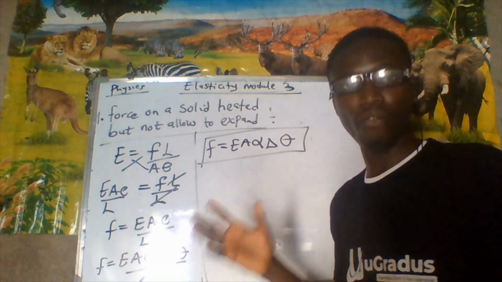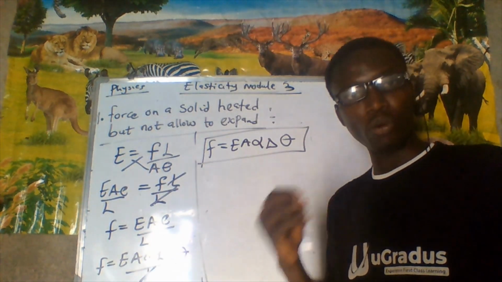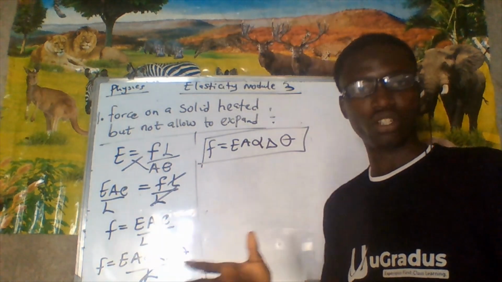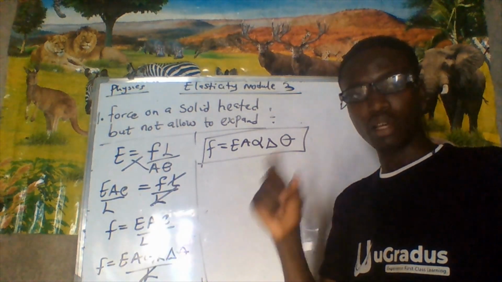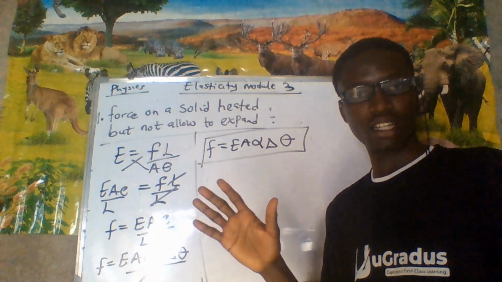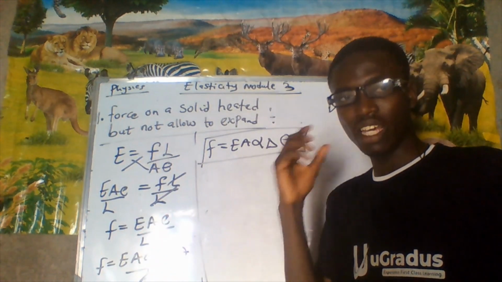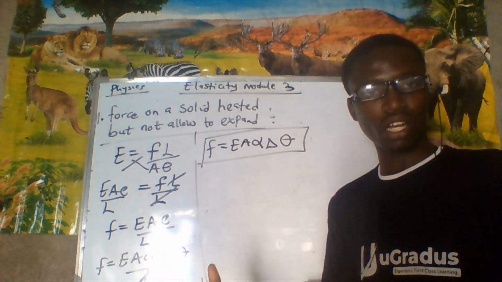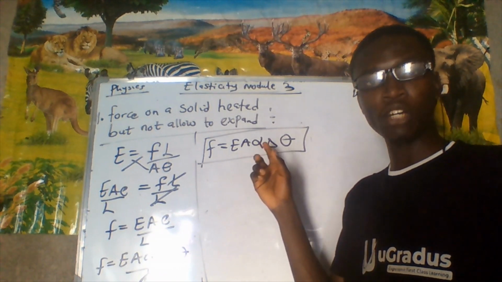Whenever you are calculating a force on a solid, the question will state clearly that a particular substance is heated and not allowed to expand. When you hear that statement and they ask you to calculate the force, this is the formula you are going to use.